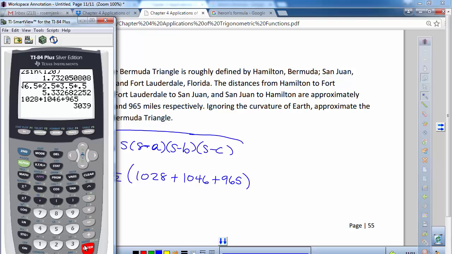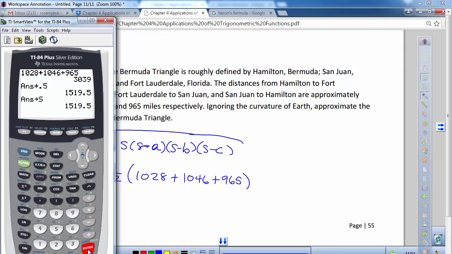Multiply that by 0.5. I'm going to store that in my calculator as S. It doesn't matter really what I store it as, but I'll store it as alpha S. Then I'm going to use that instead of typing that number over and over again. I'm going to use alpha S in my calculations.